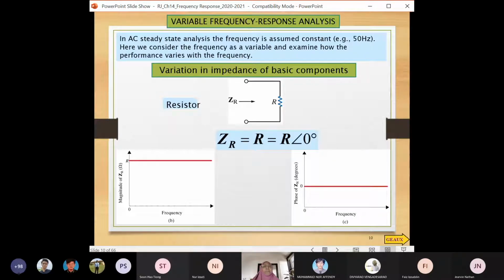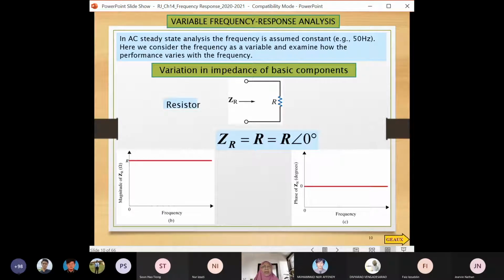Whereas in an AC circuit, we assume the frequency is either constant or a variable. Okay, you change the frequency and you want to see the response.